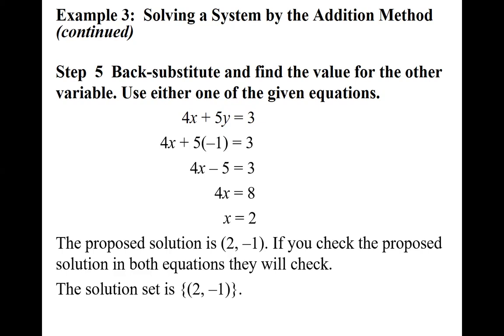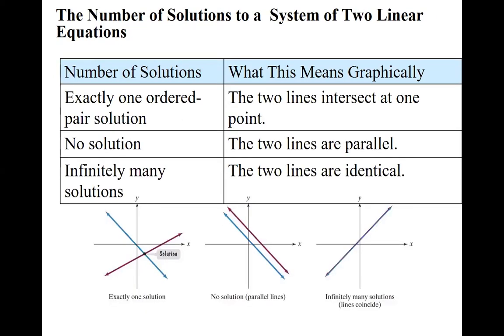So the other way of solving a system of equations is to graph both of the lines and see where they intersect. Now we can see normally, most of the time, we're going to get exactly one solution. We'll have a line going one direction, a line going another direction, and they'll intersect at exactly one point. There will be one solution.